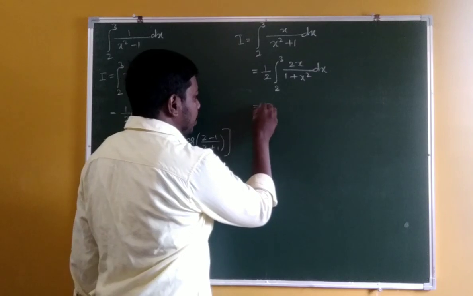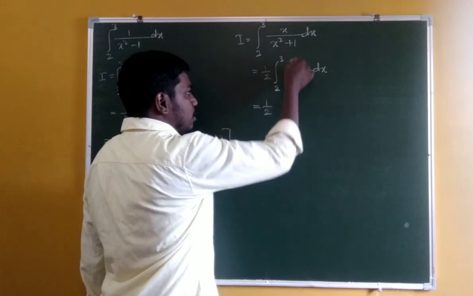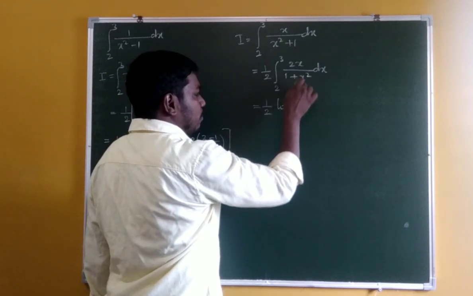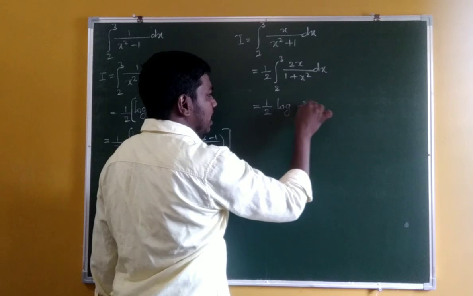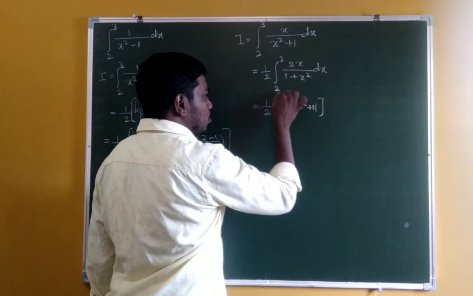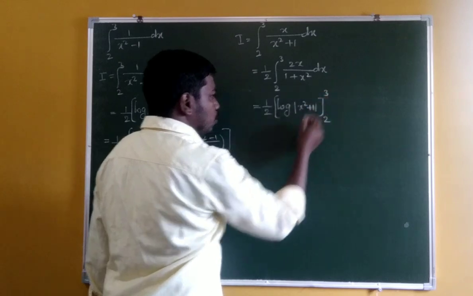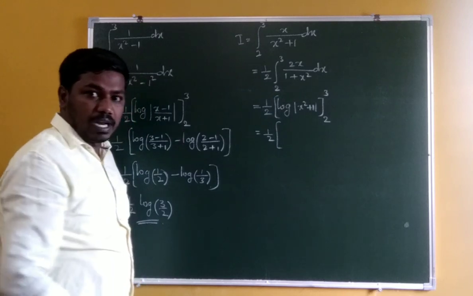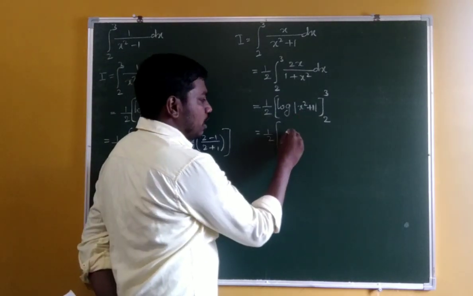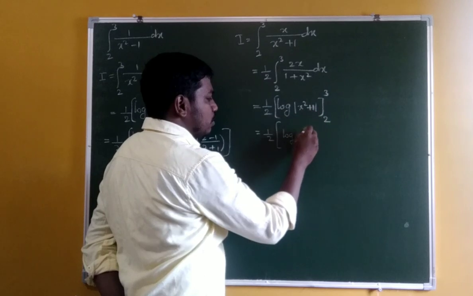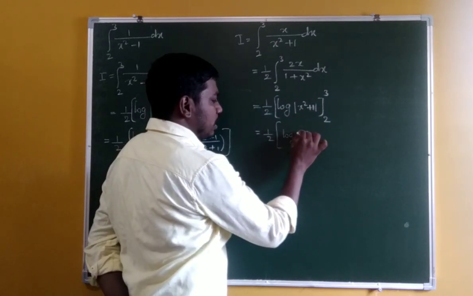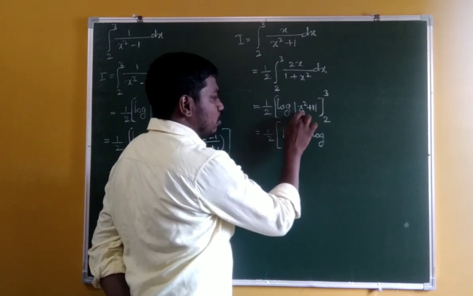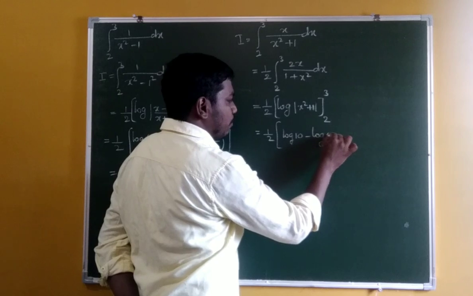So 1 by 2, let it be the same. The integral of f dash of x divided by f of x is log of f of x, where f of x here is x square plus 1, with limits from 2 to 3. First apply the upper limit, x is equal to 3: 3 square is 9 plus 1 is 10, so log 10, minus log of x is equal to 2: 2 square is 4 plus 1 is 5.